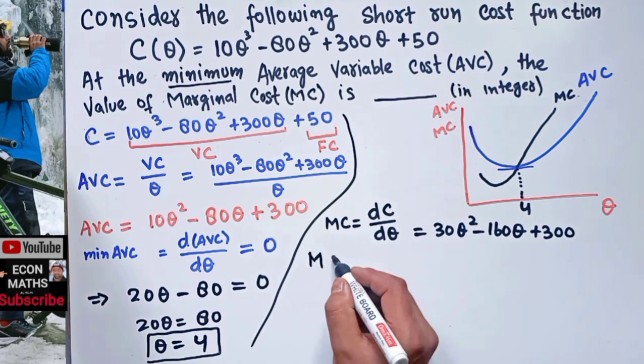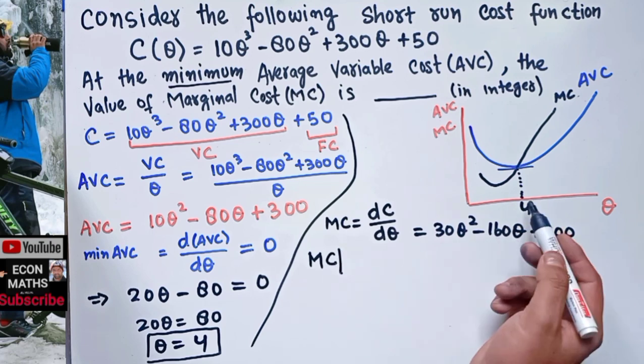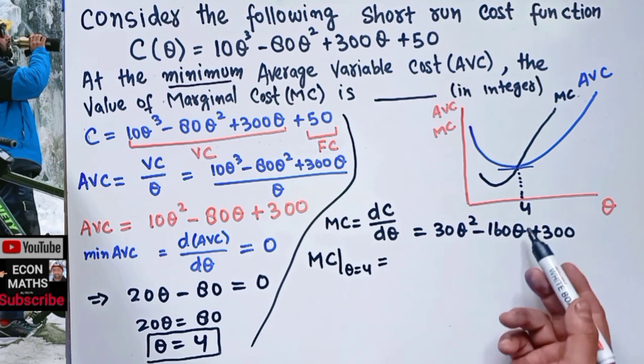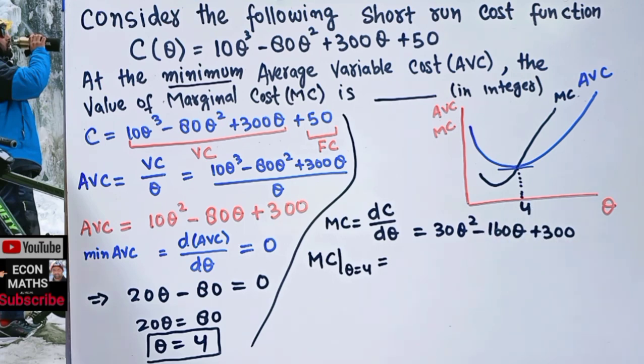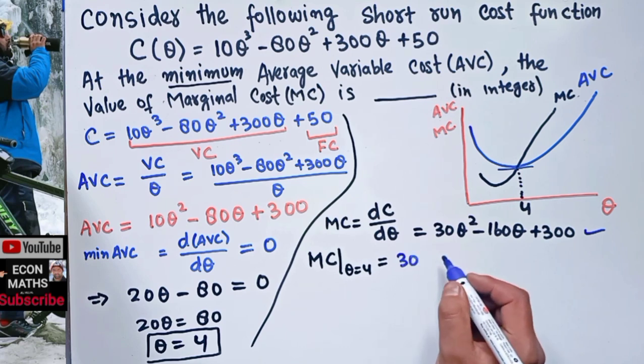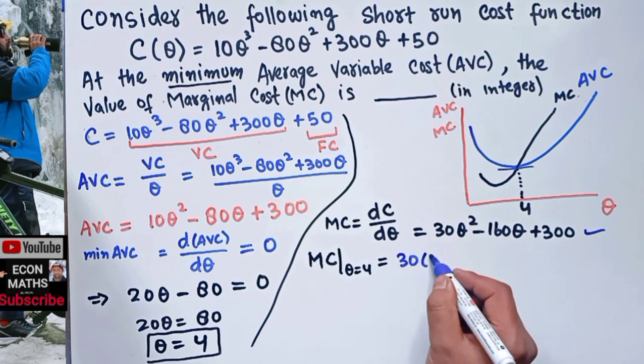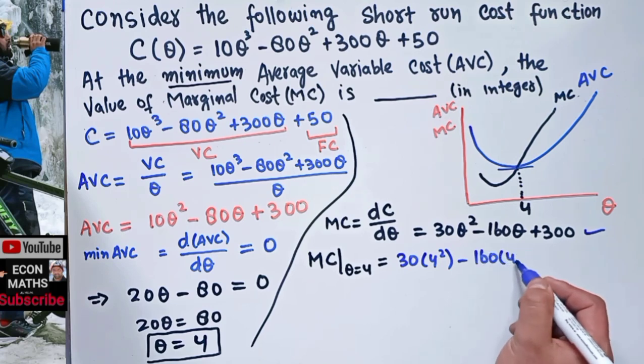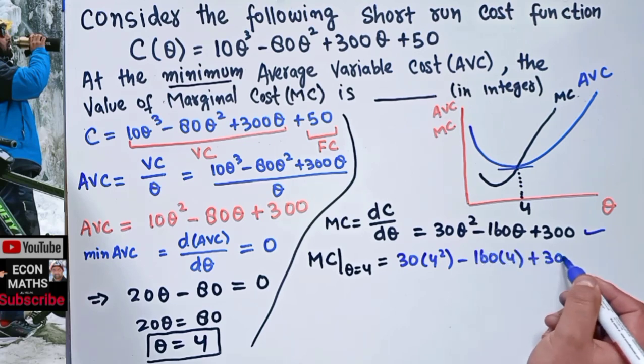Now we need to find out the marginal cost at q equal to 4. So let us plug the value of q equal to 4 in this marginal cost function. That is, we have 30 into 4 square minus 160 into 4 plus 300.